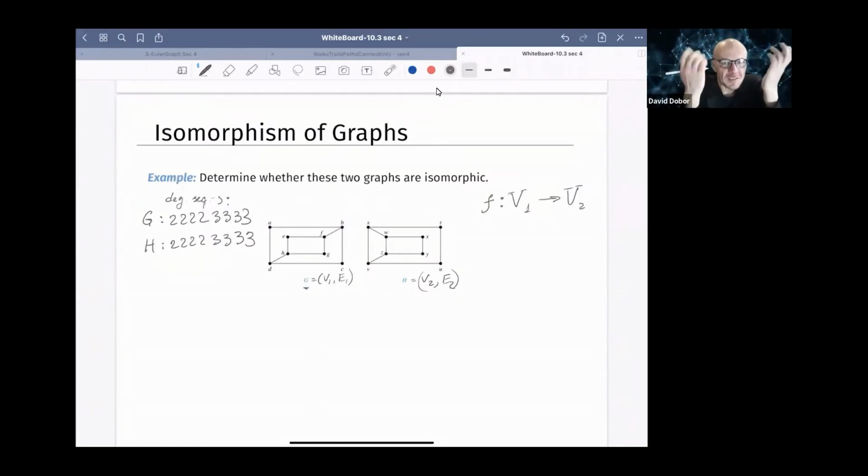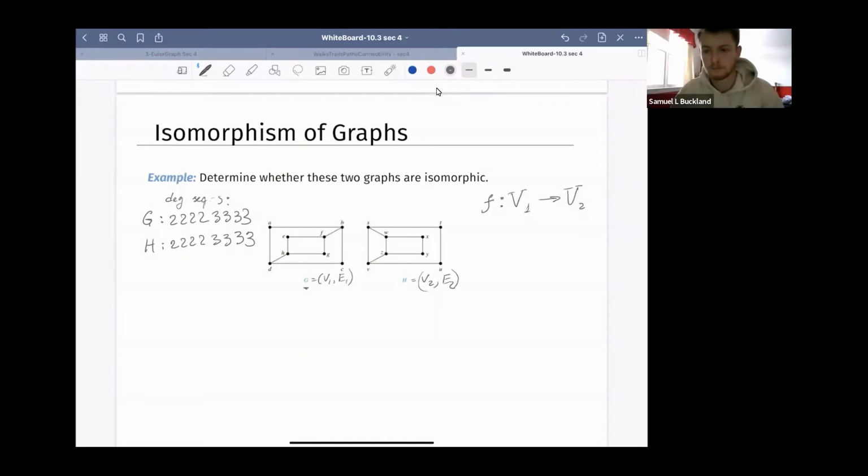That's what it is by definition. So they better have the same number of edges, because neighbors are mapped to neighbors and non-neighbors to non-neighbors. So if the two graphs are isomorphic, they must have the same number of edges. And these two graphs have the same number of edges, 4, 4, and another 2, 10 edges. Each graph has 10 edges.